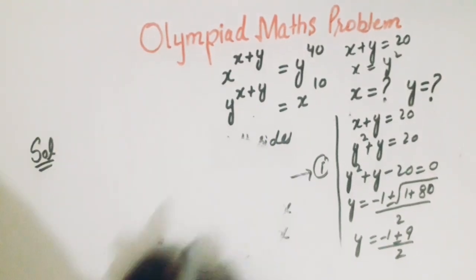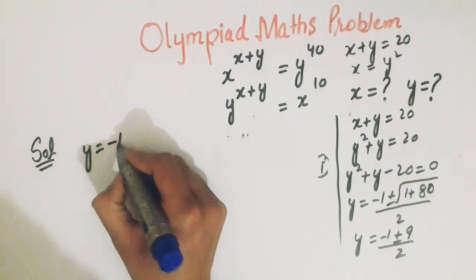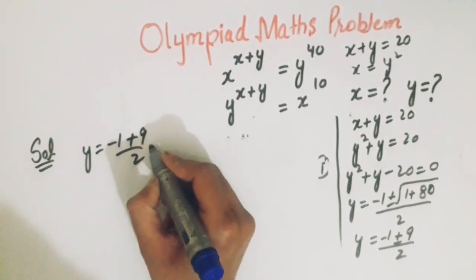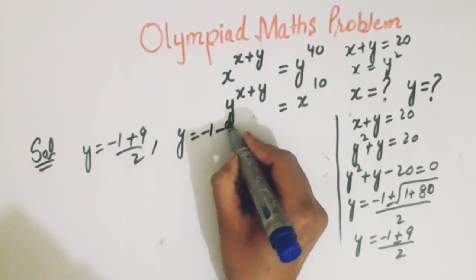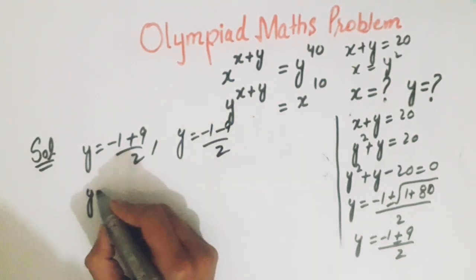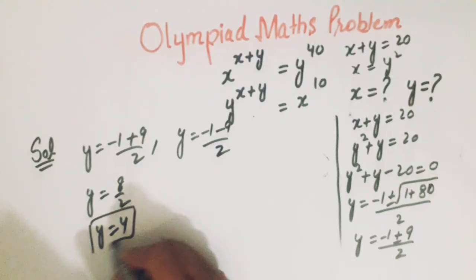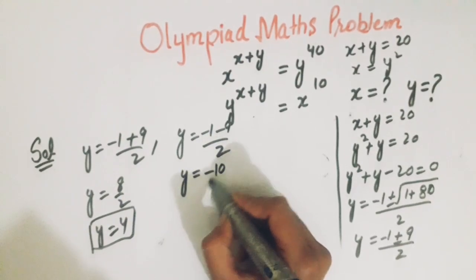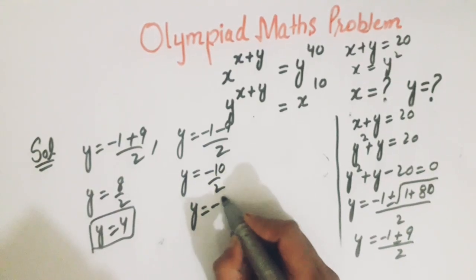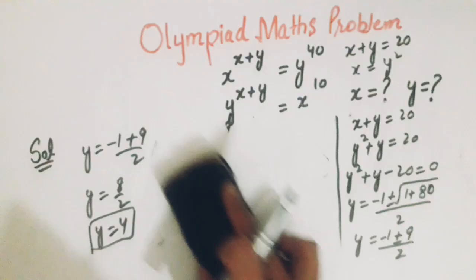So we will write that y equals minus 1 plus 9 divided by 2 and the other one is y equals minus 1 minus 9 divided by 2. It means we get 8 by 2, y is 4. And for the other one, y equals minus 10 by 2, means y equals minus 5. So this will be rejected. We will consider only y equals 4.